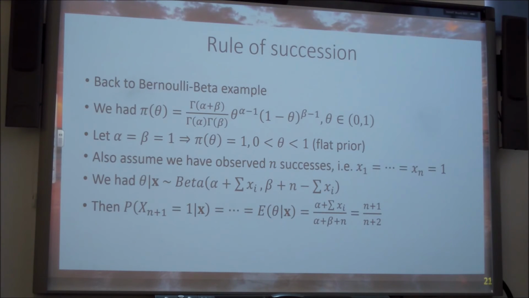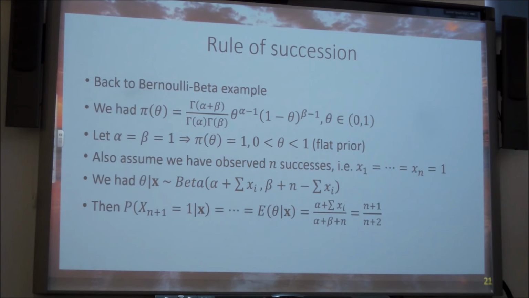So this relates to the sunrise problem, because we're saying that we have observed the sun rise n times in the past, and the probability that the sun rises is theta, and then we've had n successes. Then the probability that x_{n+1} is 1, the probability that tomorrow we observe another success, so the sun rises again, given that we've observed the sunrise n times, is (n+1)/(n+2).